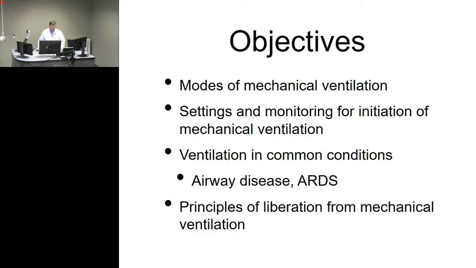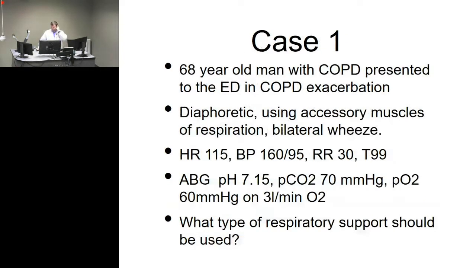So starting off with a case, a 68-year-old male comes in. He has a known history of COPD, and he's always in the emergency room saying he can't breathe. This time he comes in, he's extremely diaphoretic. He's using accessory muscles. He's got thoracoabdominal dissociation.